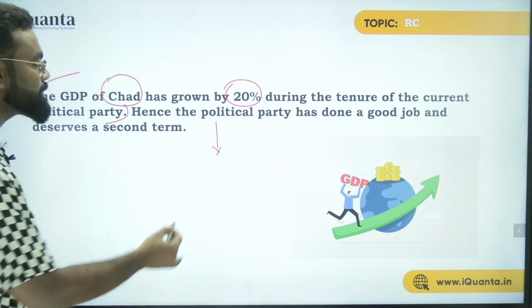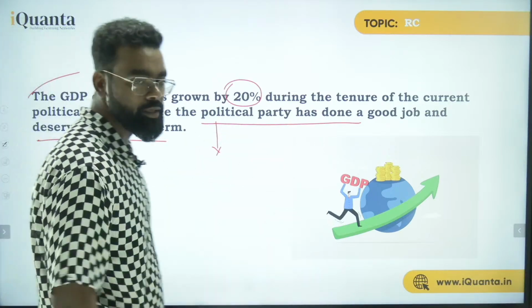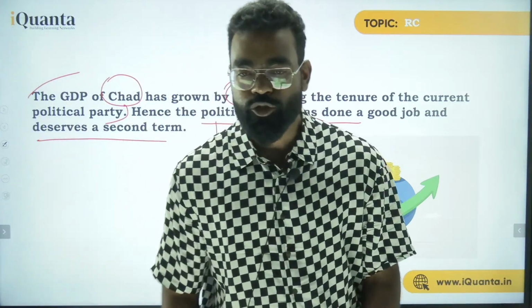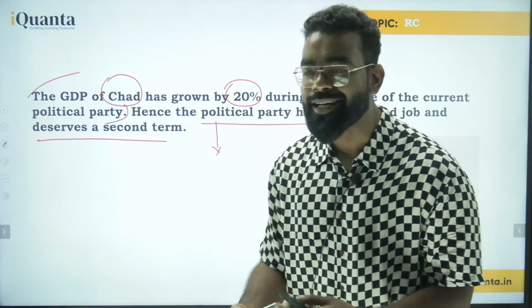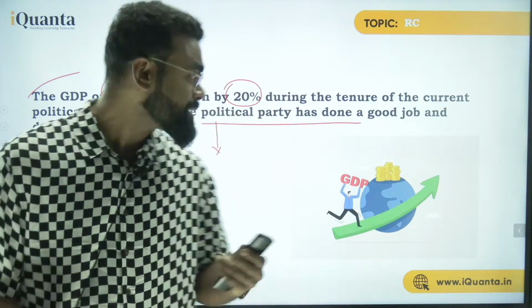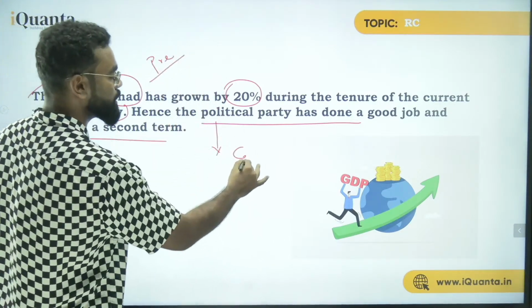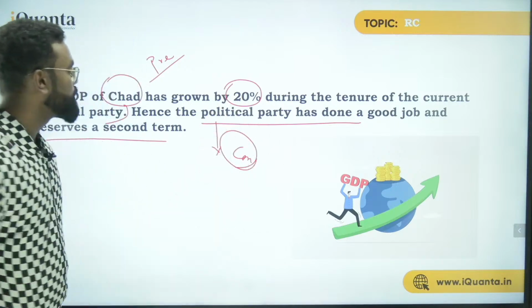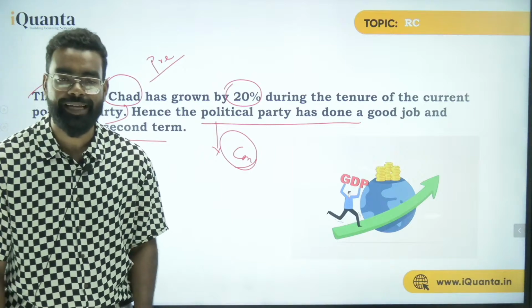The conclusion is the political party has done a good job and deserves a second term. So the political party has done great and they deserve another chance, right? This portion is premise, this portion is conclusion. Am I clear?